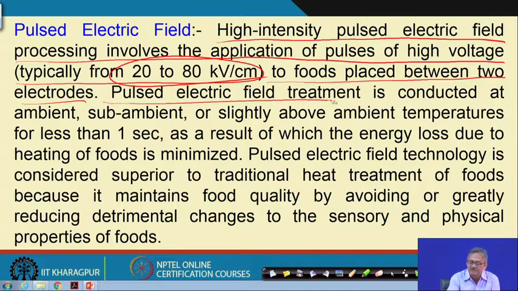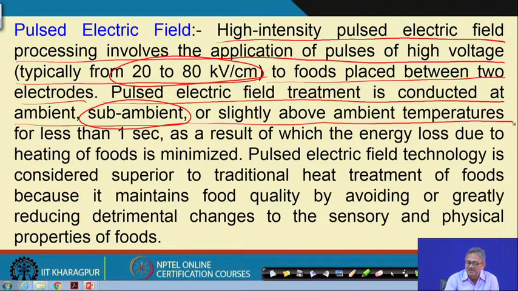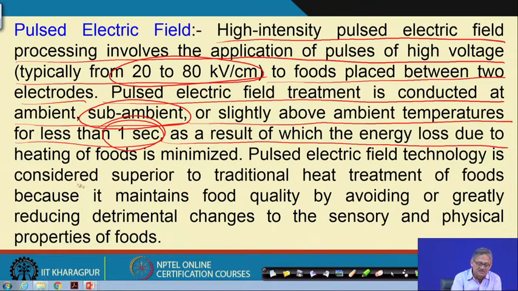Pulsed electric field treatment is conducted at ambient or subambient or slightly above ambient temperatures for less than 1 second. It is very short timed. As a result of which the energy loss due to heating of foods is minimized.